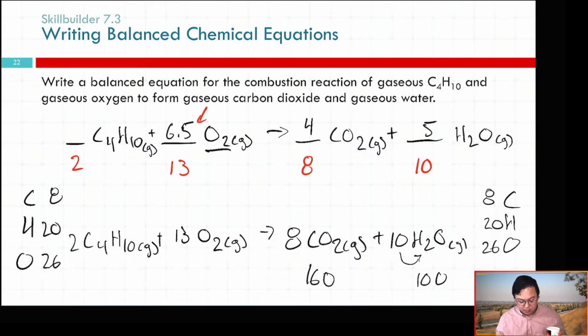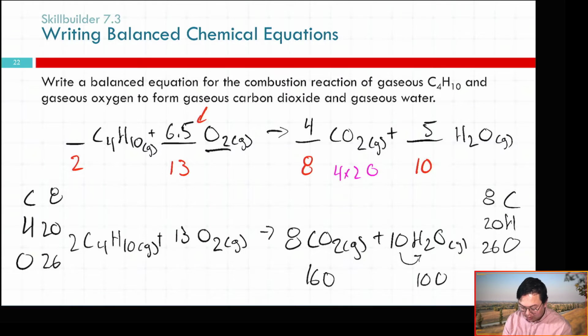Can you show me again real quick how I got that 6.5? Yes. So right before we balance, we have on the right side here, before balancing, the 4 times 2 oxygens, so 8.